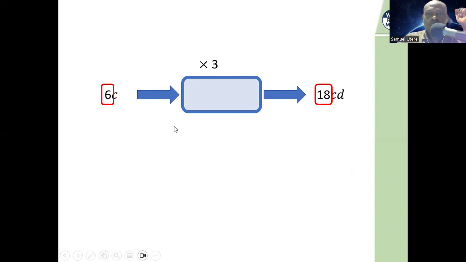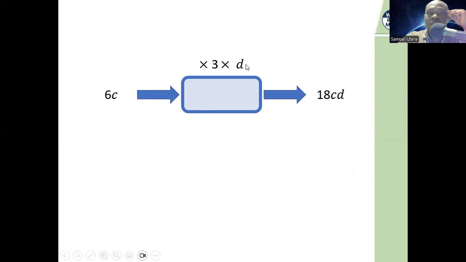But you say, hang on, this has c and that has c. Okay, but there is no d. Now, if you remember from algebra, when we write letters next to each other, it means we multiply them. So this could simply be to multiply by d.